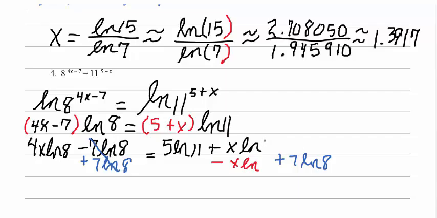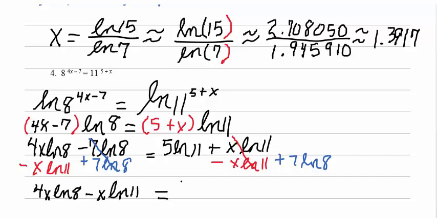Oops, and let me make a correction there. That should have been an 11, not an x. I'm going to subtract x times the natural log of 11 from both sides of the equation. So that gives me 4x times the natural log of 8 minus x times the natural log of 11 equals 5 times the natural log of 11 plus 7 times the natural log of 8.